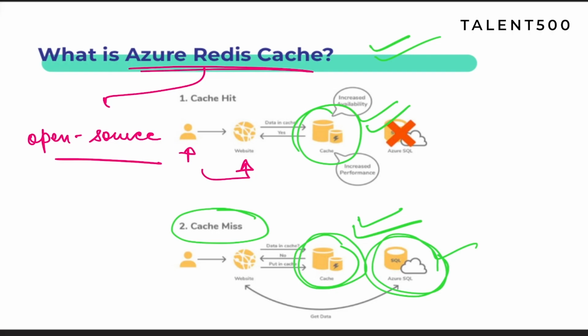Also, when you talk about this Redis cache, it is going to be a fully managed service with automatic patching, and it is also going to provide updates, scaling, and provisioning, so that you can go ahead and focus on the deployment. Also, what are the options it provides?